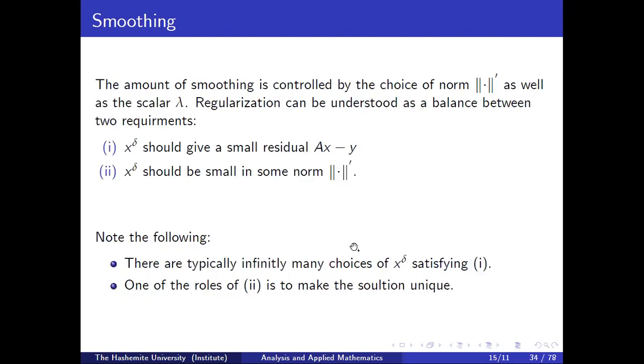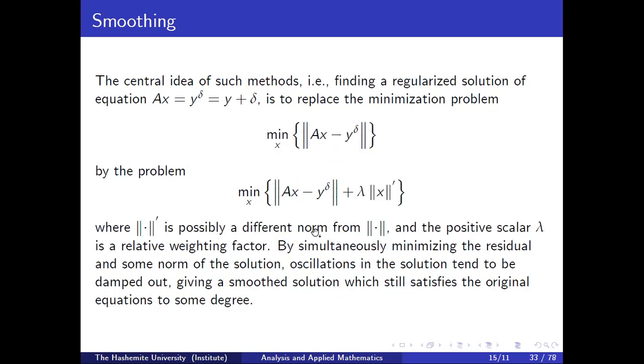Here we have infinitely many solutions. But if you are looking for the smoothest solution, which is with the smallest norm, so this problem now has a unique solution. So mathematically, instead of minimizing this problem, we minimize this problem. So we minimize the error, taking into account we are looking for the smoothest possible solution. So this is the idea of regularization.